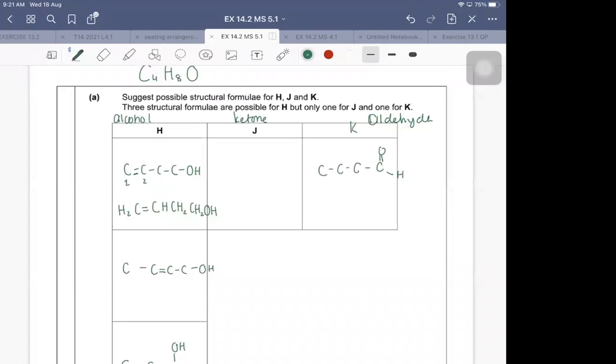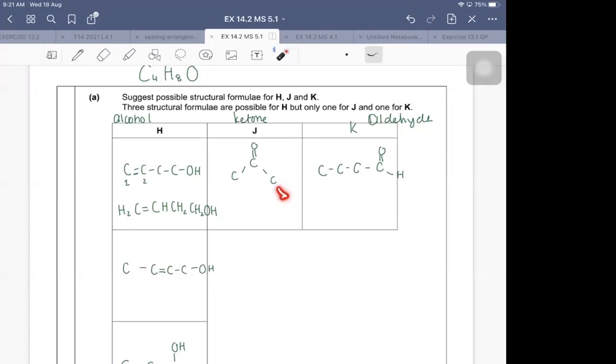And for ketone, you write down the functional group first. Okay, so a ketone must be attached to two carbons. The C=O must be attached to two carbons. So you only have one carbon left. It doesn't matter if you connect it to the carbon on the left or the carbon on the right, it will still be the same.